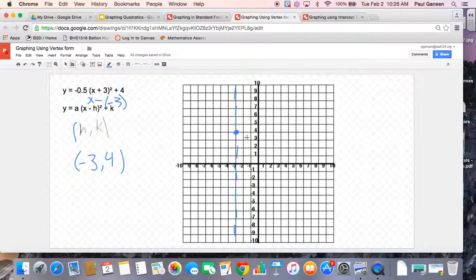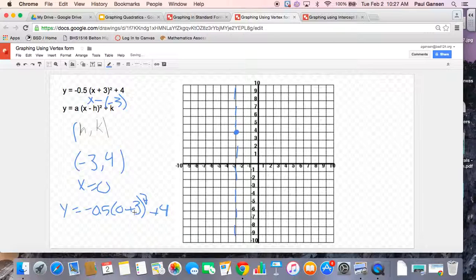Even though this form doesn't tell us the y-intercept, we can still find it in the same way that we did before. The y-intercept, again, is when the x value equals 0. So let's see what happens when x equals 0. y equals negative 0.5 times (0 plus 3) squared plus 4.